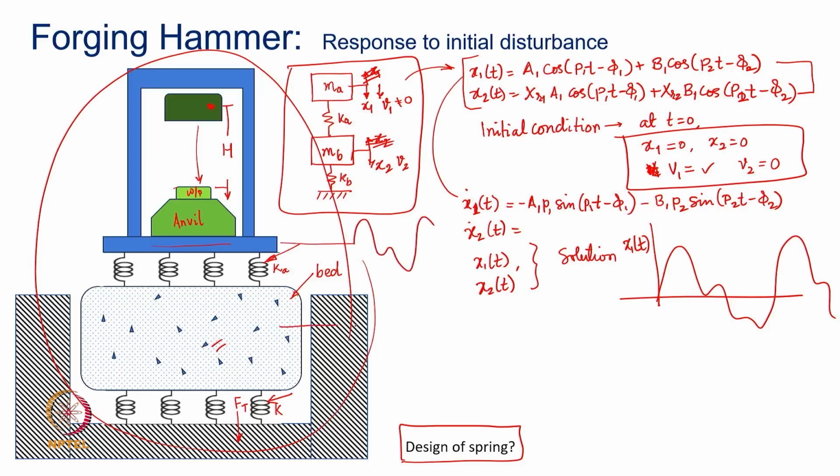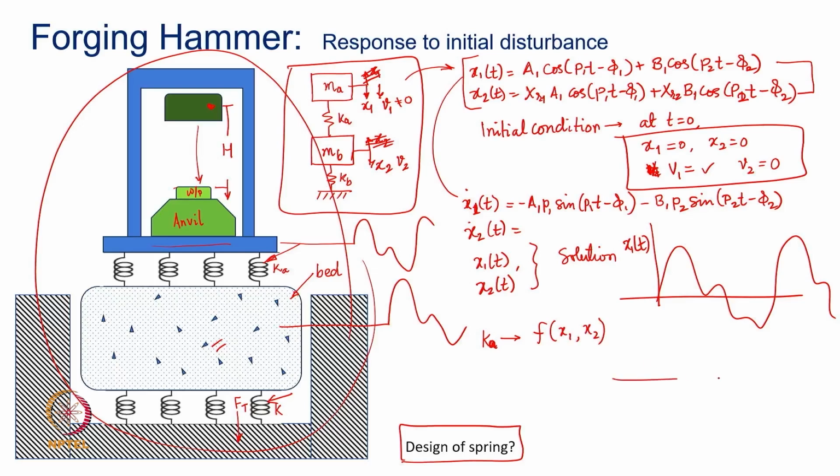okay, x1 and x2 will have their own motion, right. So this bed is also going to move, and then what will happen is the spring will have, let us say, if I say Ka, the spring of the anvil, that Ka is going to be subjected to a stretch, which is going to be a function of x1 as well as x2, and it's going to be a function of time t, right.